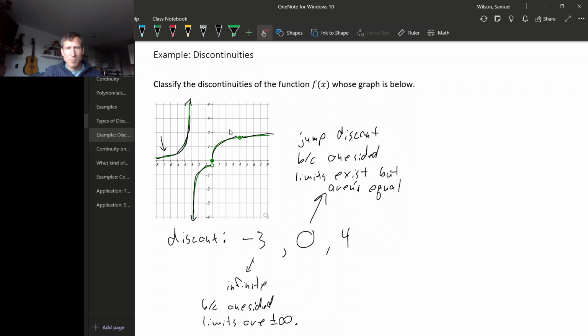Okay, what about at x equals 4? Well, at x equals 4, there's just this hole in the graph. We could make the function continuous at 4 just by plugging the hole, just by defining the function at that single value.